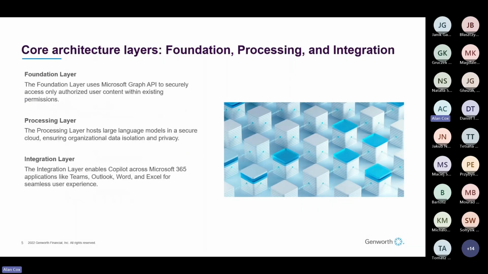So let's talk about some architecture. Let's talk about some core layers here. Microsoft deals with, at its core, foundation, processing, and integration. At the foundation layer, Microsoft uses the Graph, and it makes sure that users are bound to only authorized content with current permissions.